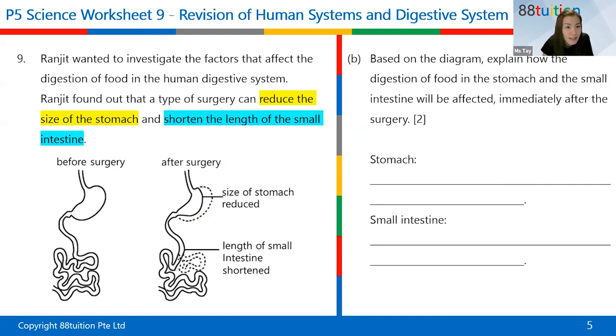One plate of rice? Yes. So if your stomach is reduced by half, do you think it can still fit in one plate of rice? No. So the quantity of the food that will be taken into the stomach is actually reduced. Do you agree? Yeah. So that is what will happen.